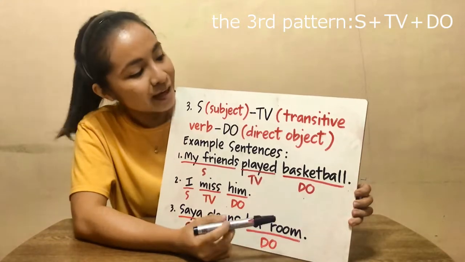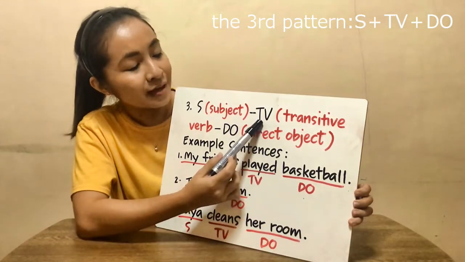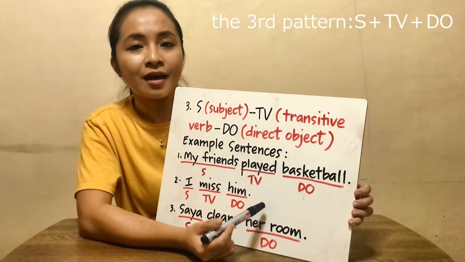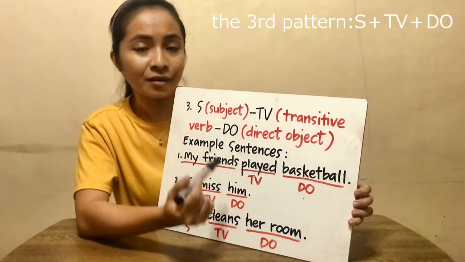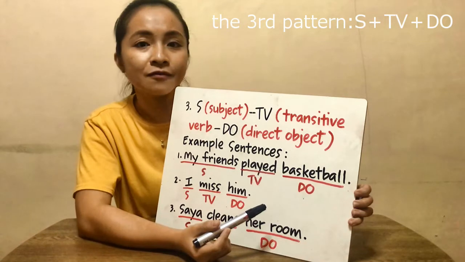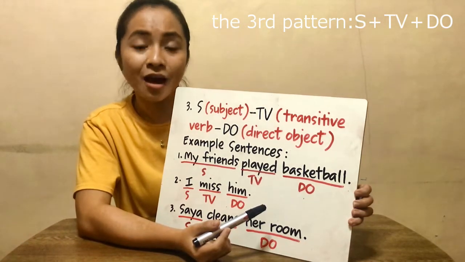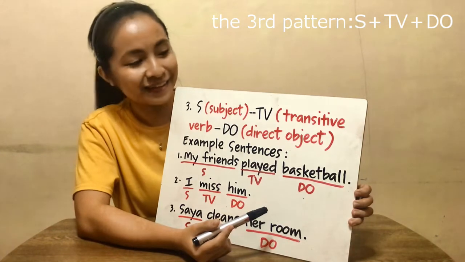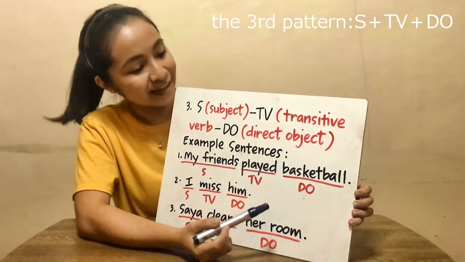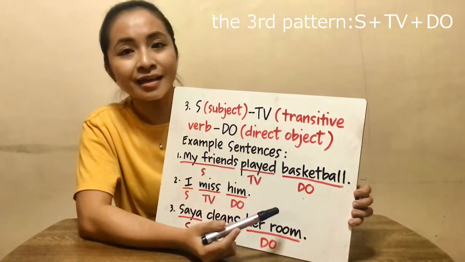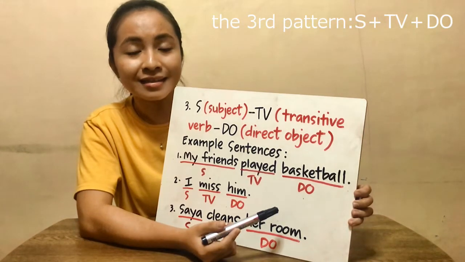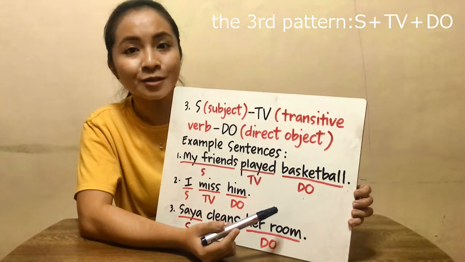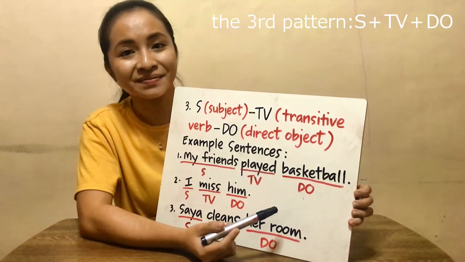Okay, transitive verb is the opposite of intransitive verb. I told you a while ago that intransitive verb doesn't need any object to complete its meaning. On the other hand, transitive verb is a verb that needs or requires an object to complete its meaning.